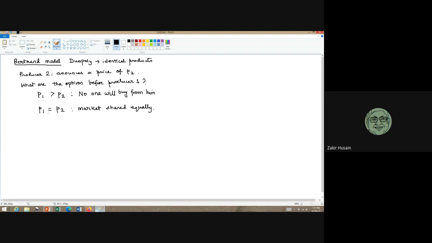Then 50 consumers will buy from the first producer and 50 from the second producer. Agreed? And the third option is P1 is less than P2. Then consumers will always buy from the first producer, so he captures the entire market.